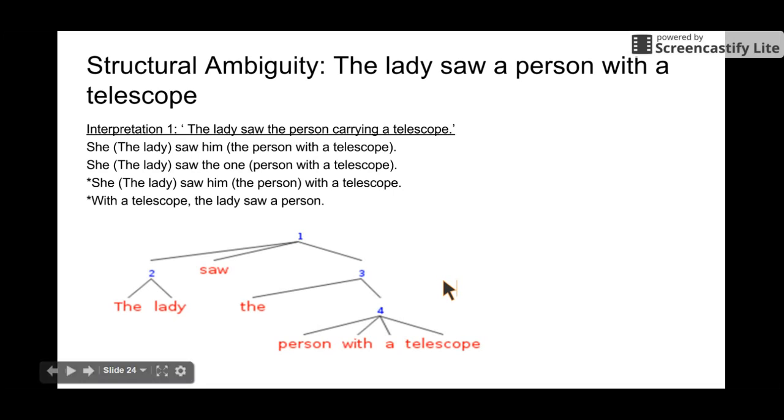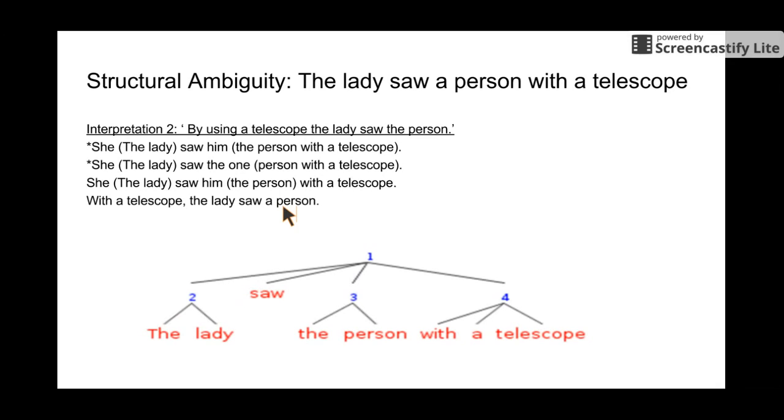And this also shows that with a telescope must be adjacent to a person because it's modifying a person. So if we move with a telescope away from a person, then we have an unacceptable string. Okay. On the other hand, we have another interpretation, which means that by using a telescope, the lady saw the person.